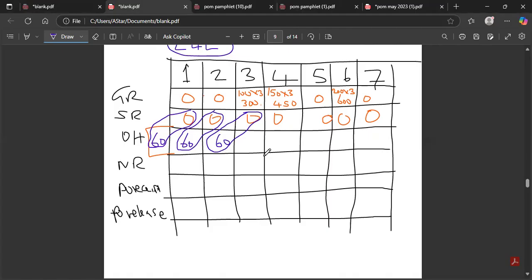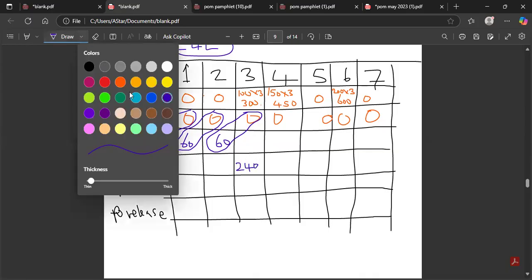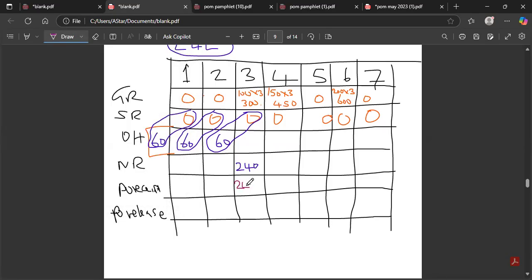What problem are we having in that week? We have a shortage. Shortage of how many units? 240. You put the 240 here, that total is called net requirements, and you order the same. So you order the same 240 and sort out the problem. So you remain with 0.